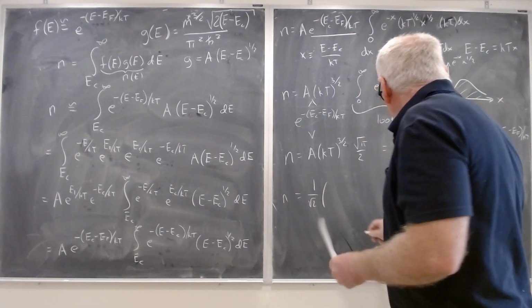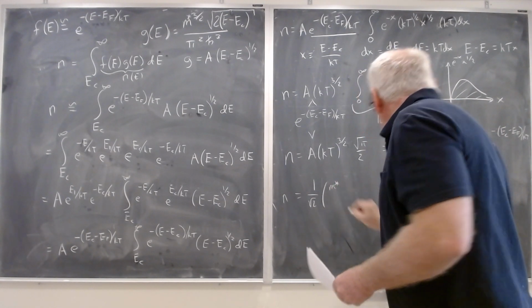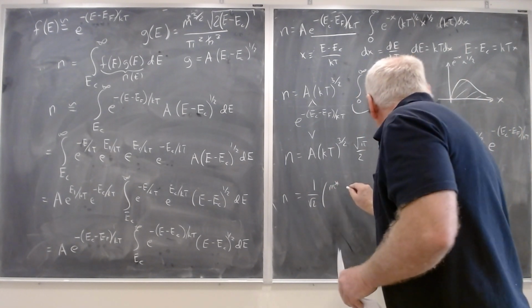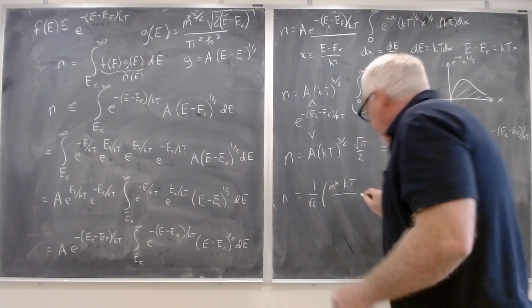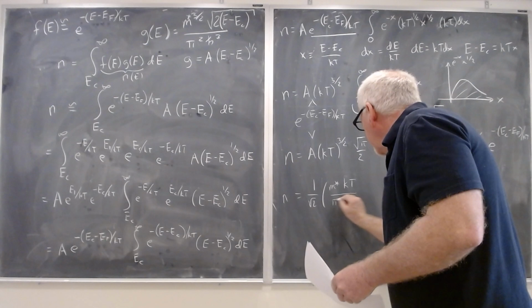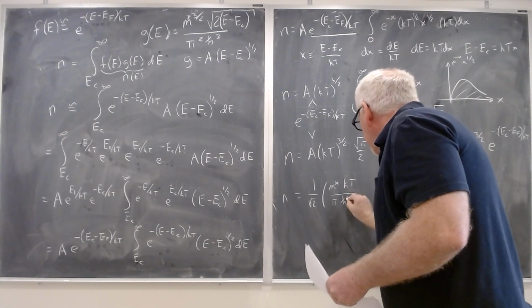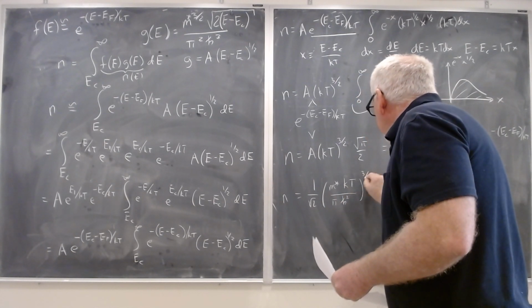And then what people usually do is they put m star kT over pi h bar squared to the 3/2.